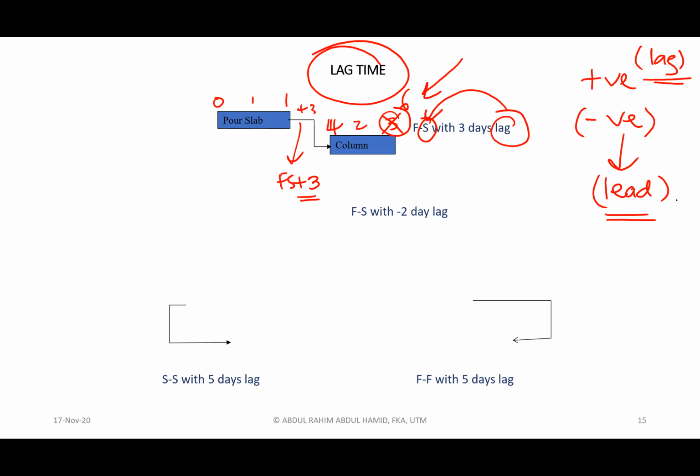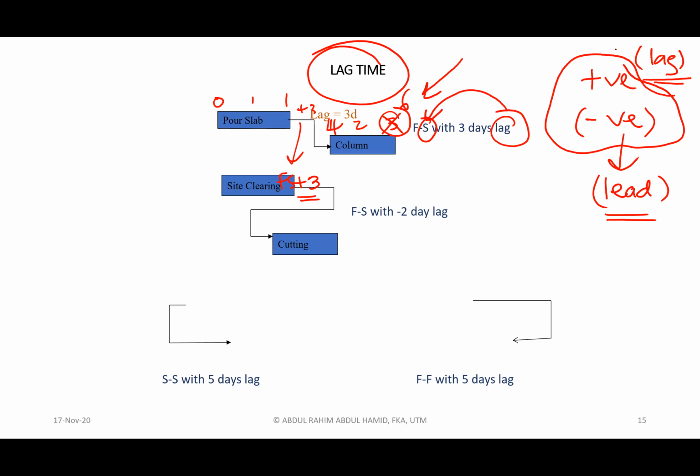So basically you understand everything refers to this concept: positive lag is a delay of the start of an activity, while lead is when you start a little bit earlier than what is supposed to be. Okay, let's assume another example. Lag with negative values.